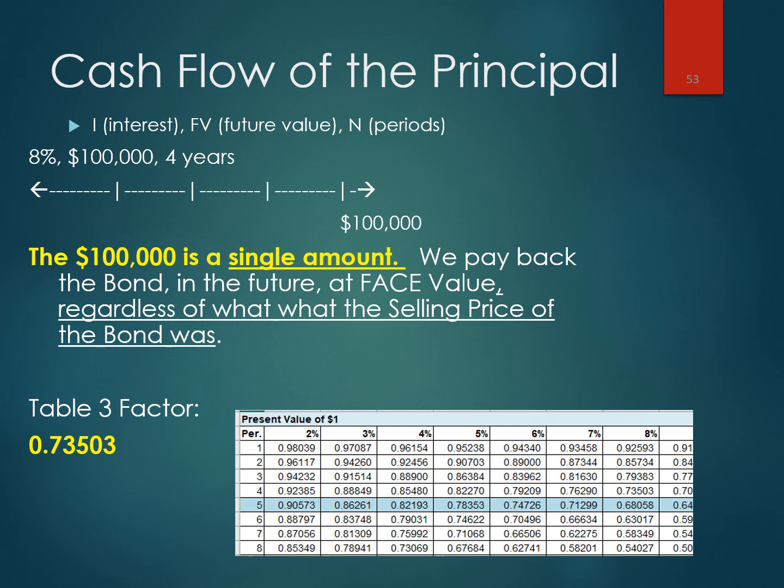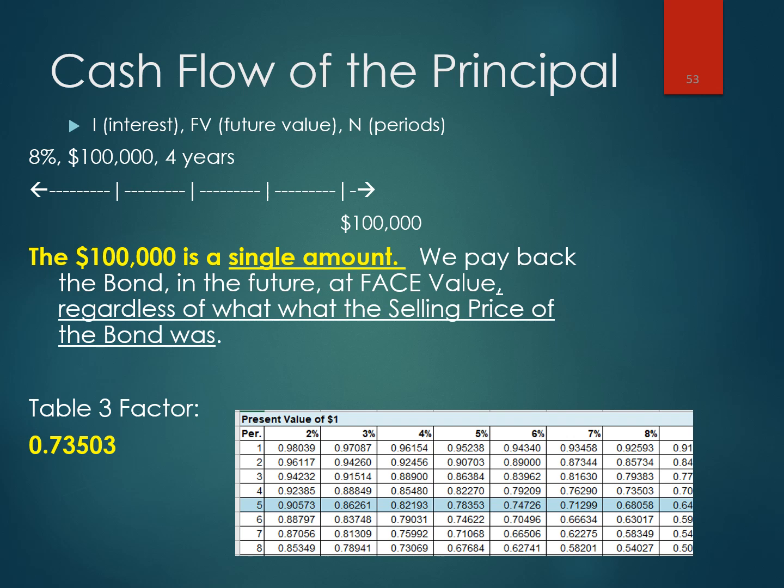I want you to visualize a timeline with the 4 years in it, and that $100,000 at the end of year 4 is going to be paid back to the bondholder. They're paying 8% for 4 years, so we're going to calculate using 8% for 4 years.